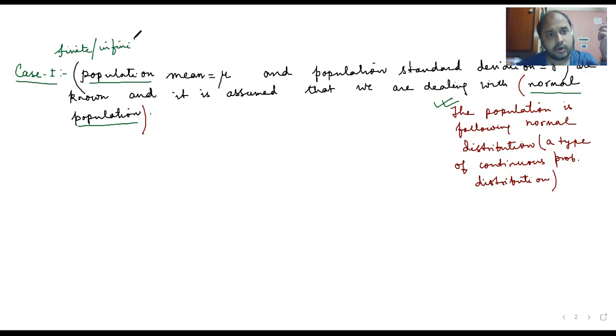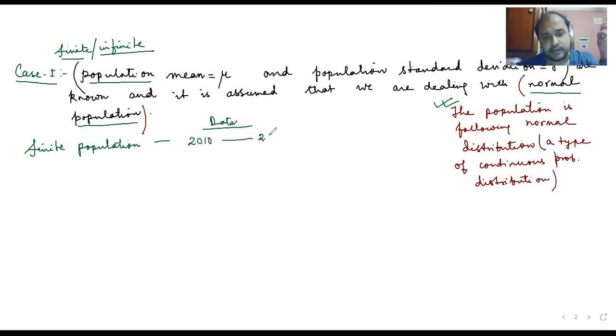A finite population is a group containing a finite number of items. For example, I am considering the data starting from the year 2010 till 2020. This 10 years of data has been chosen, and suppose my factory is manufacturing a particular item.